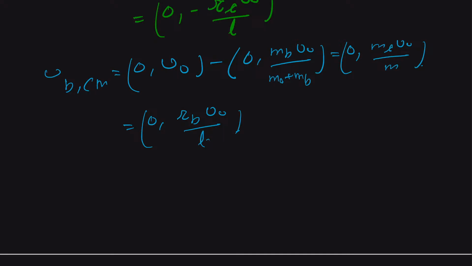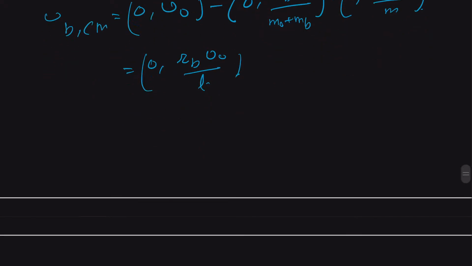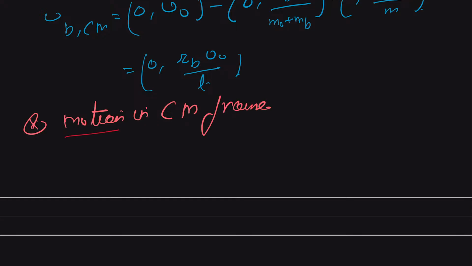Now we come to our motion in the center of mass frame. One of the reasons for changing the frame of reference is that in the center of mass frame the total momentum will be equal to 0.